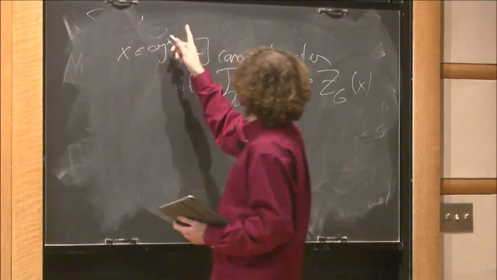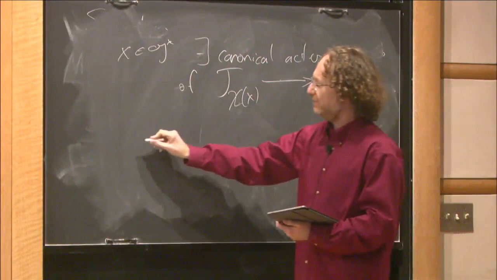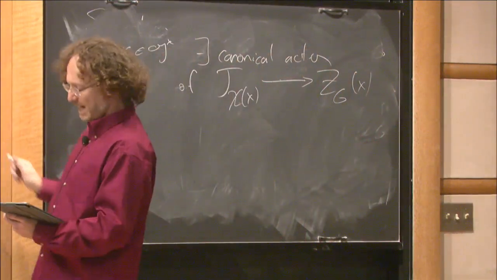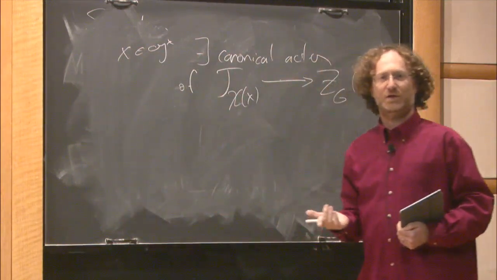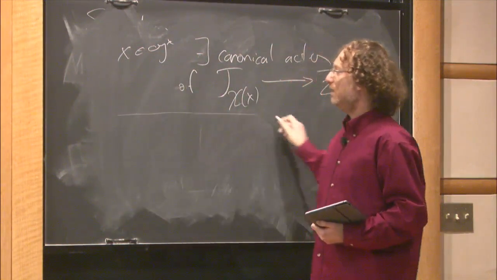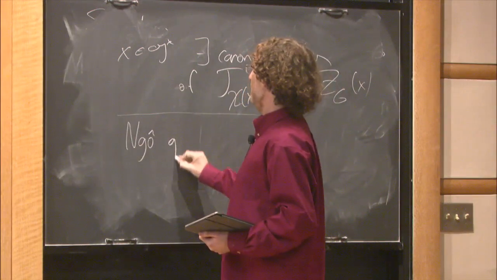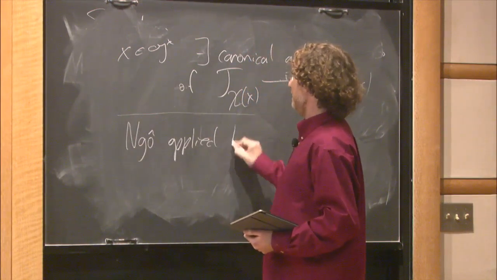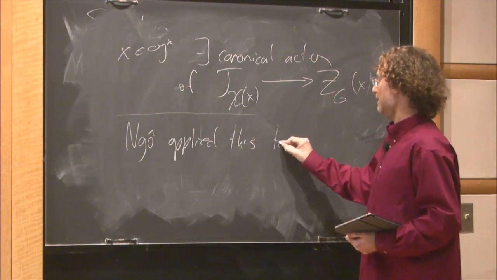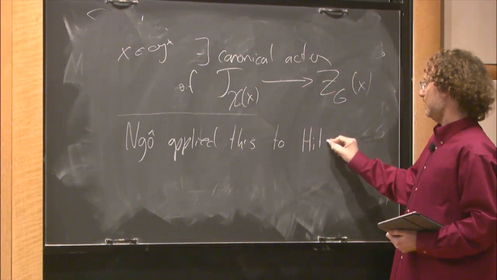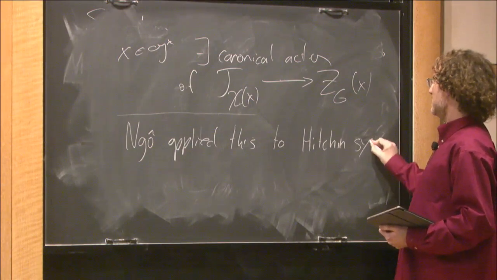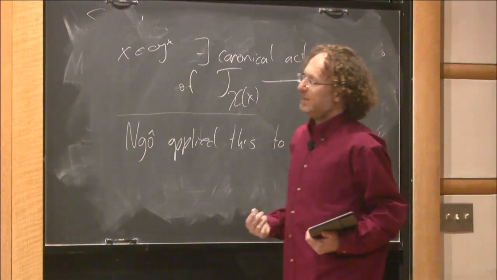So as a corollary of this, you immediately get this statement I said, that this group scheme J integrates arbitrary Hamiltonian systems. And now where's the money in this? This is what Ngô applied to the Hitchin system, in a slightly different formulation, but essentially the same construction. And there it's very crucial.